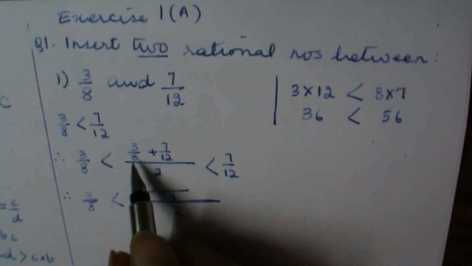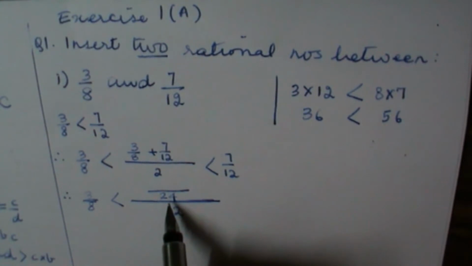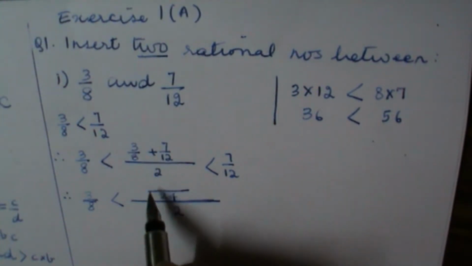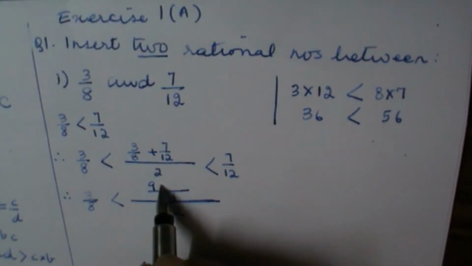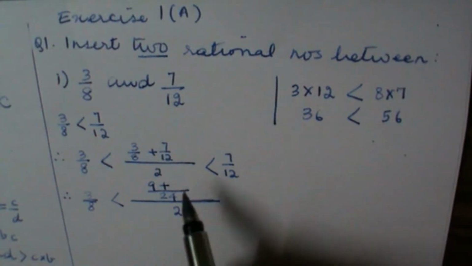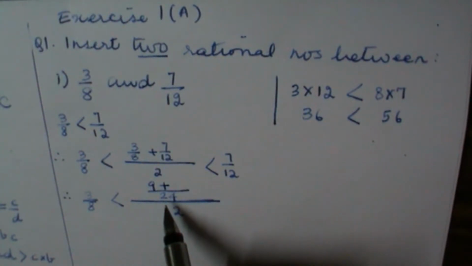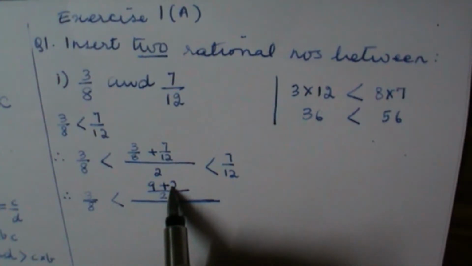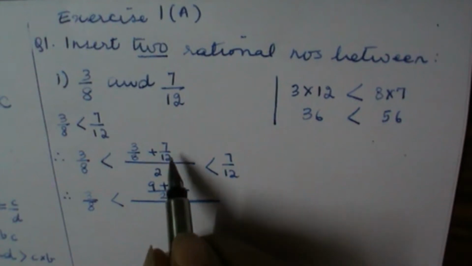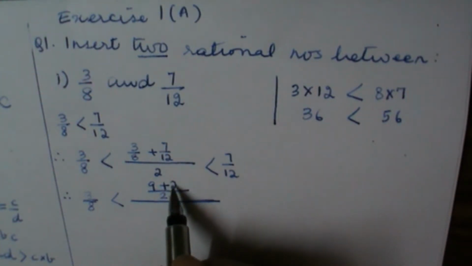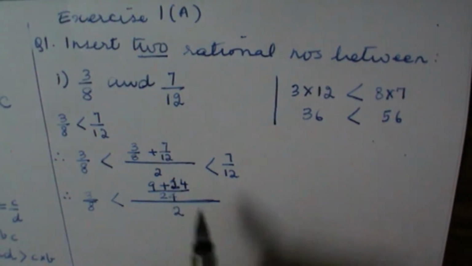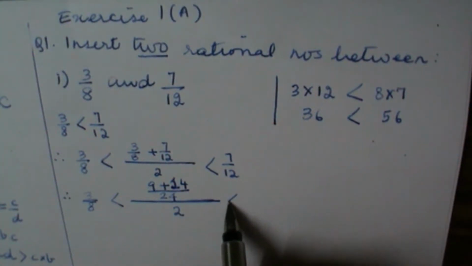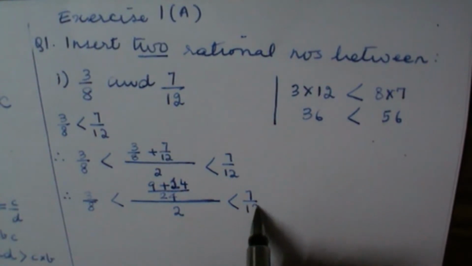So 8 3s are 24, so 3 will multiply this and it will give me 9. I write this plus sign here, and 12 2s are 24, so 7 will be multiplied by 2, so I will have 7 2s are 14, and that will give me less than 7 upon 12 here.